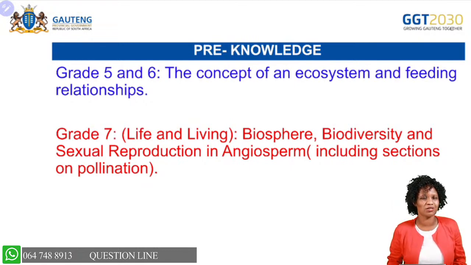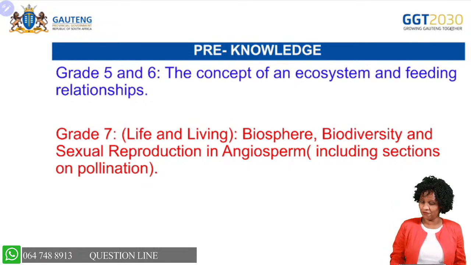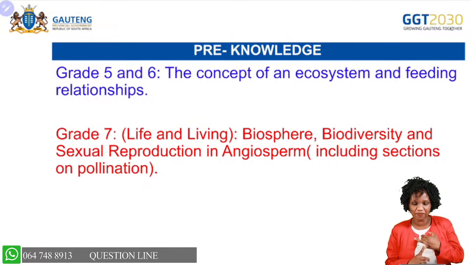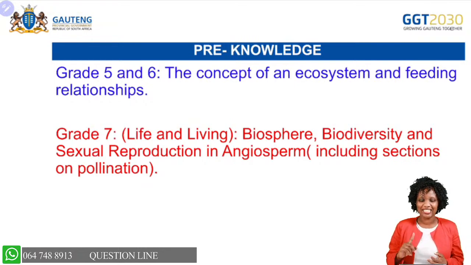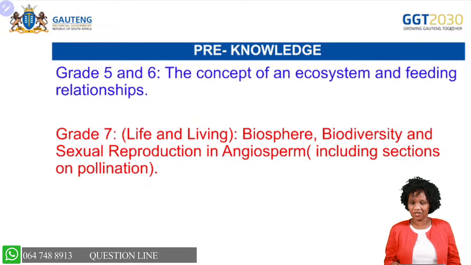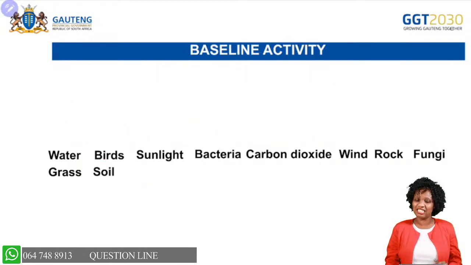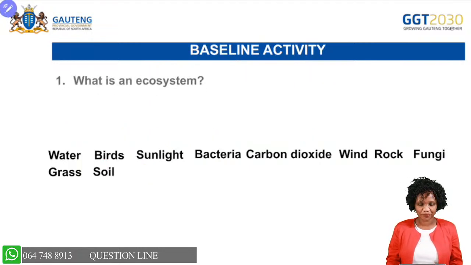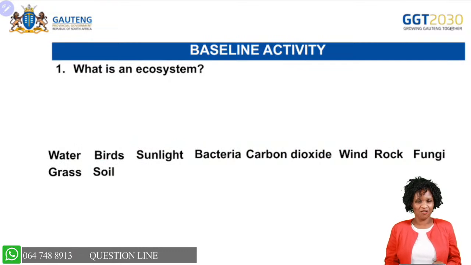But what is it that you did under life and living? You did the biosphere, biodiversity, sexual reproduction in angiosperms, including sections of pollination. That's what we did in the previous grades.